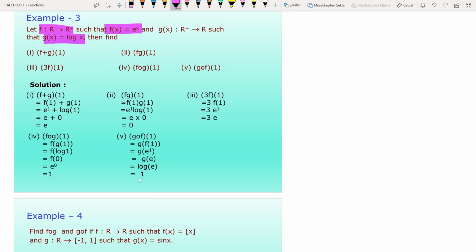Now we will find some values of f plus g, f times g, etc. (f plus g)(1) is equal to f(1) plus g(1), and using the given functions you can easily find these values. (f times g)(1) means f(1) times g(1), and again it's easy to get 0. The third one, 3f(1) means 3 times f(1), then you have 3.